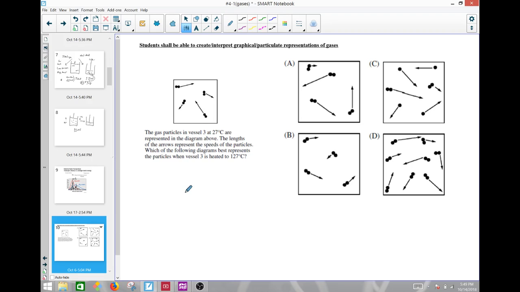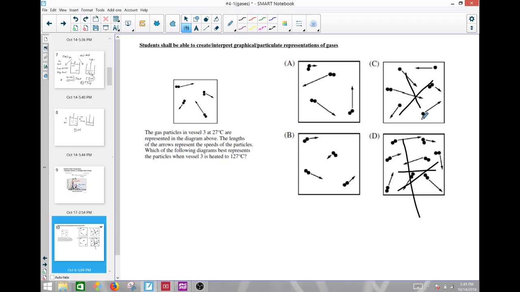A couple things here. We're always looking for wrong answers. First of all, it didn't say anything about a chemical reaction occurring. I have 4 particles, so I'm going to get rid of this one because it has way too many particles. Here, they started breaking down, and it didn't say anything about anything breaking down.